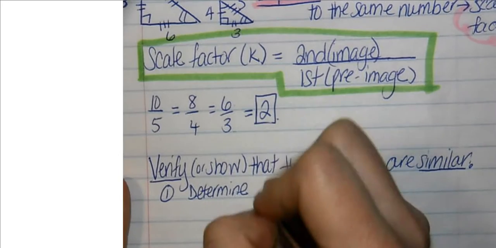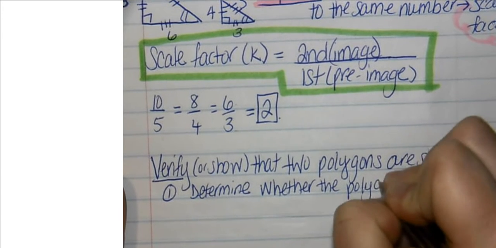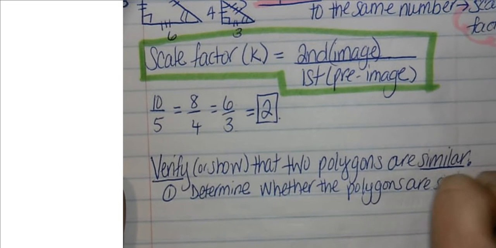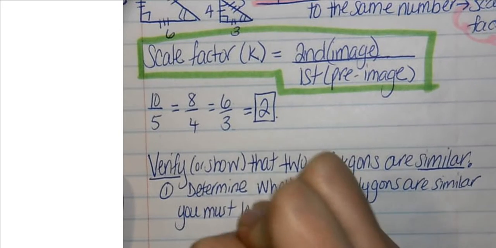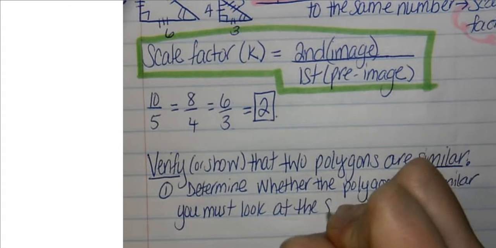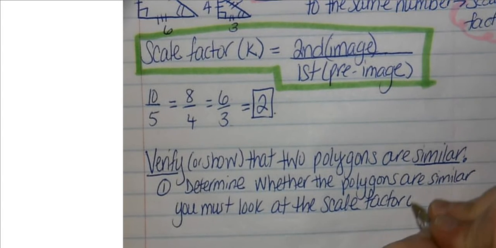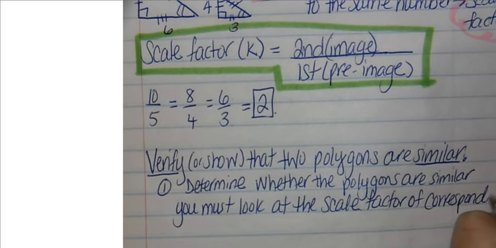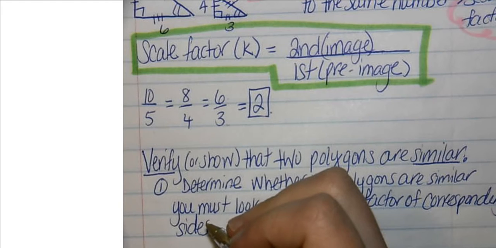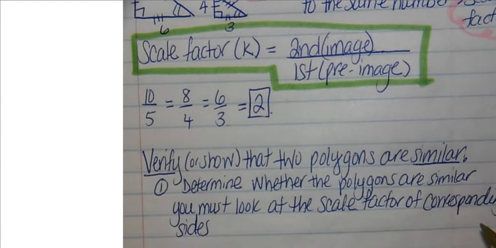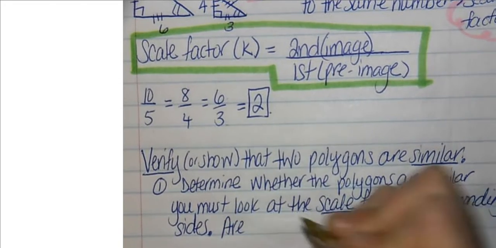In order to determine whether the polygons are similar, you must look at the scale factor of the corresponding sides and ask yourself, are the scale factors the same?